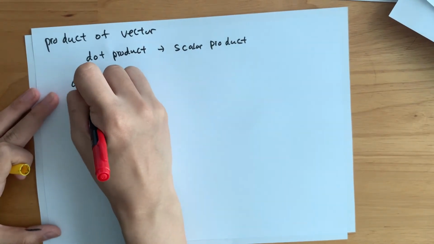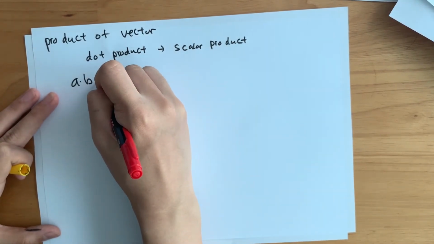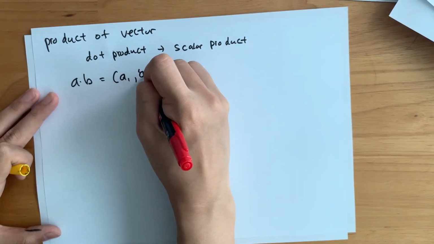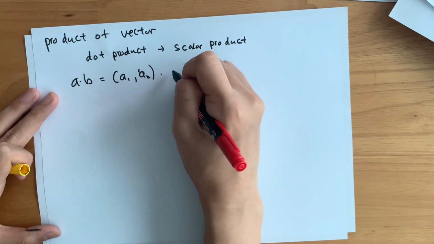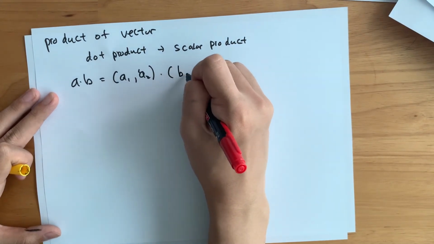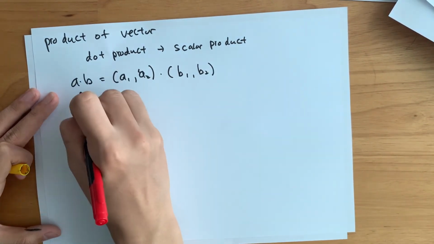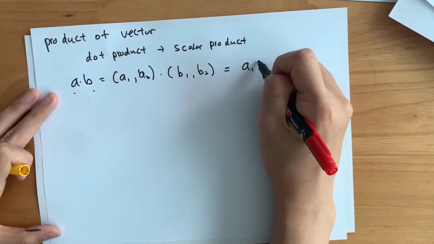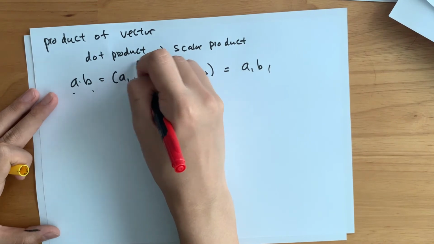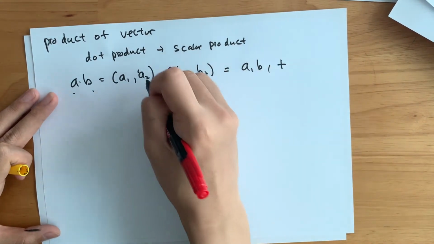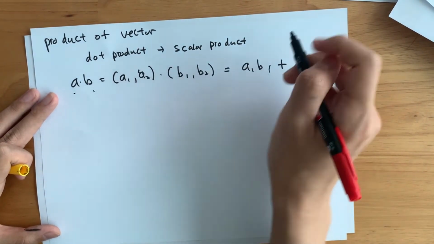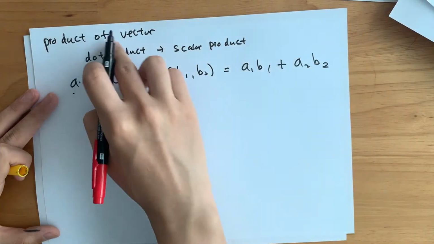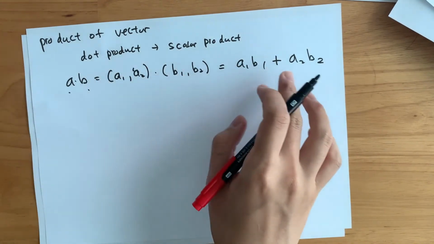How do you represent it? Let's say A is represented as A1, A2, and B is represented as B1, B2. The dot product is A1 times B1, you just multiply these, and then add A2 times B2.